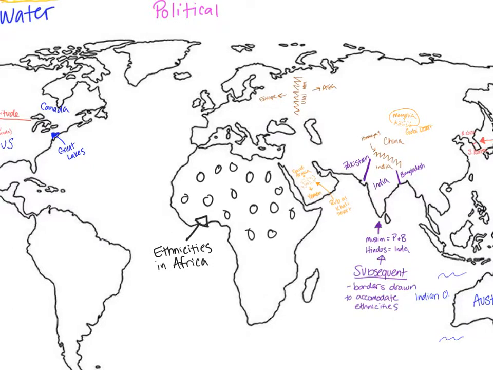So that's why in Africa you see mostly straight lines, okay? I know that this isn't exactly the way the map looks in Africa, but the main idea here is that the most straight lines that you see on a map are in Africa. And these are political lines, okay?